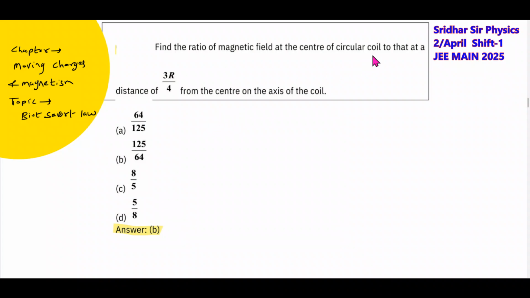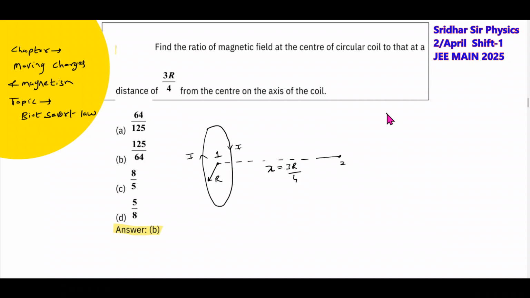So if this is the rough diagram of the ring with this axis, let the radius be r, and at a distance x equal to 3r by 4, a current I is flowing. It asks for the ratio of the magnetic field at the center of the circular coil to that at a point 3r by 4 on the axis.